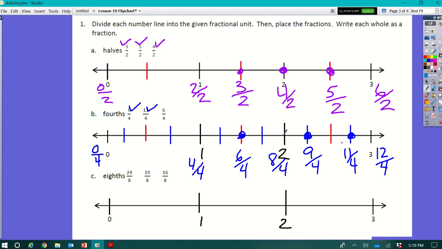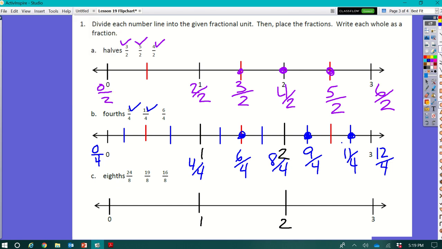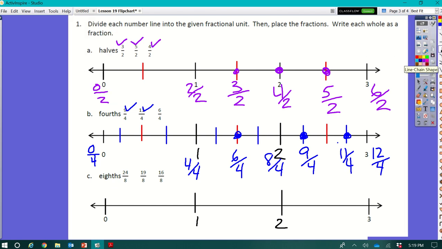So now all I have to do is do letter C. Letter C says to divide it into eighths. So the first thing I'm going to do is look at the denominator. It says 8, and I know 8 is an even number. So I know that there's going to be a line right in the middle. And again, I'm going to do it in red to show that they're all the same point on the number lines.